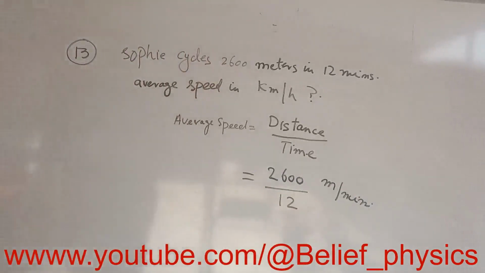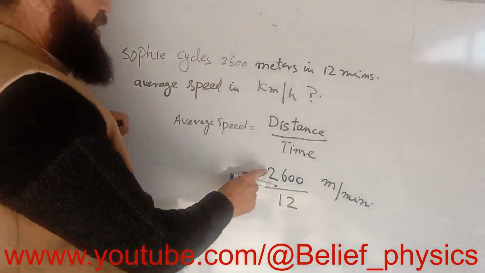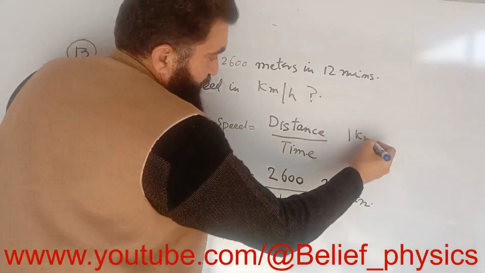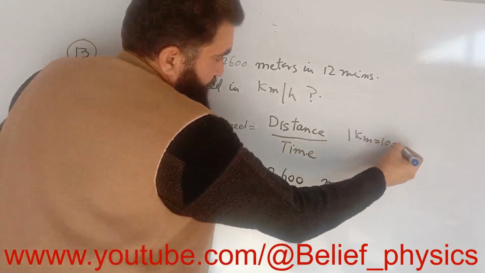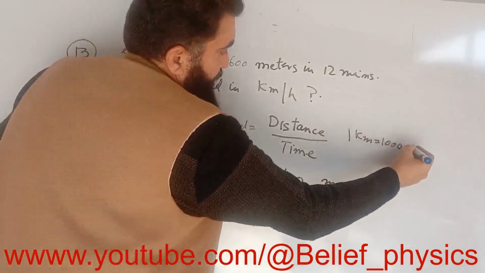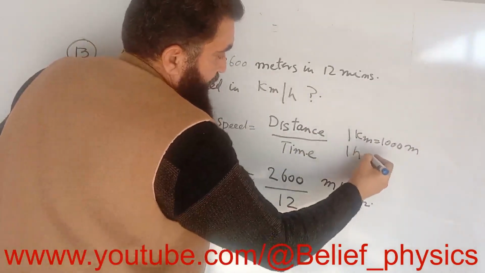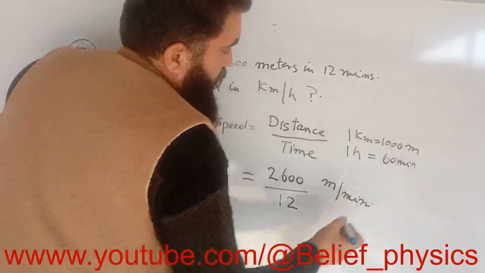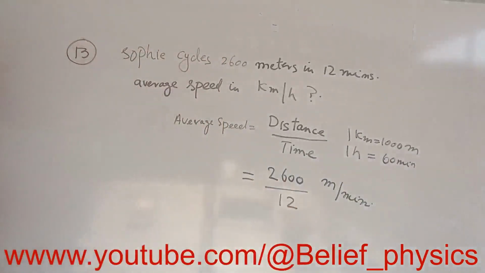So we will change 2600 meters into kilometer. 1 kilometer is equal to 1000 meters and 1 hour is equal to 60 minutes. So both are smaller units. We have to go toward the bigger unit. When we have to convert a smaller unit into a bigger unit, we divide.